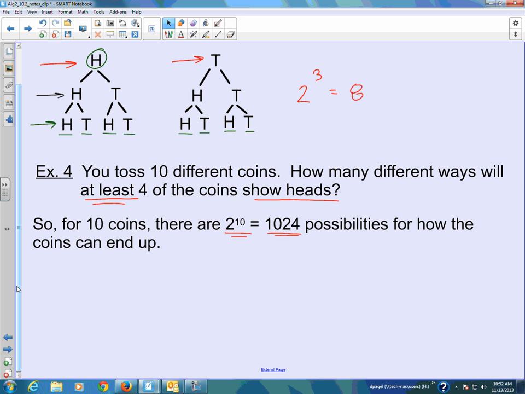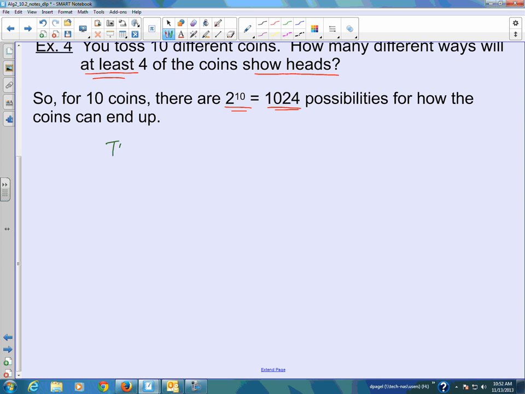So we can subtract from our total the possibilities of landing on tails, and that would look like total minus ways showing tail.